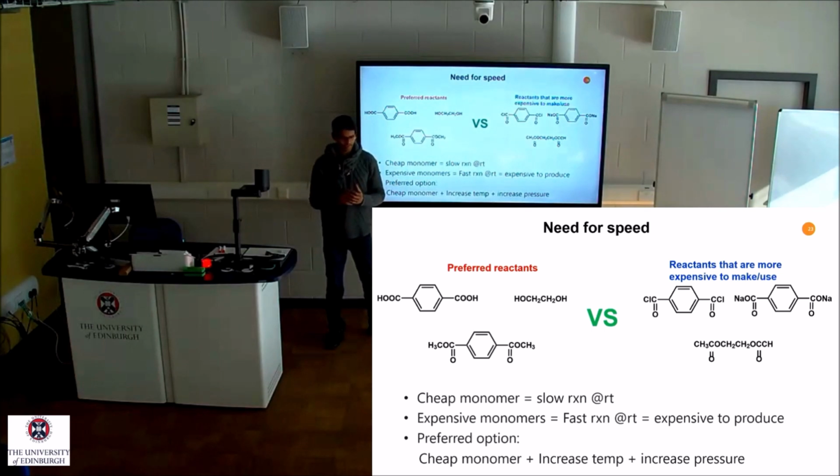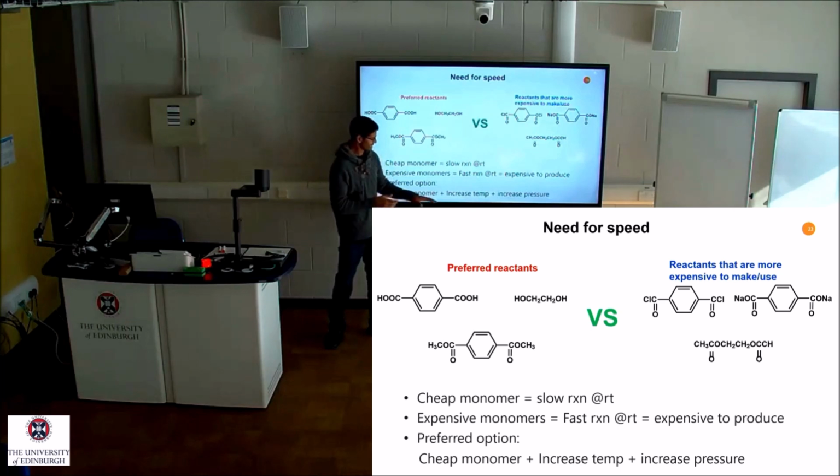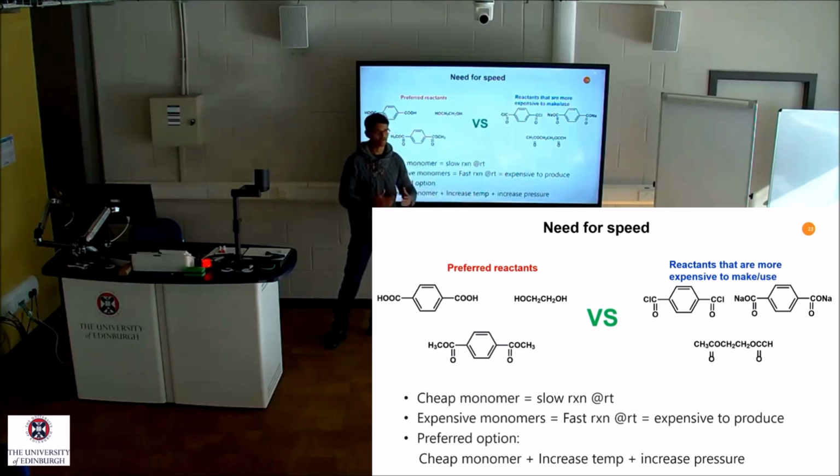In this case, you can use a catalyst. Usually, what catalysts do, they can increase the reaction rate so that you don't have to increase the temperature so much or the pressure so much, and you can have the same amount of product faster. And of course, you can save some money from it.